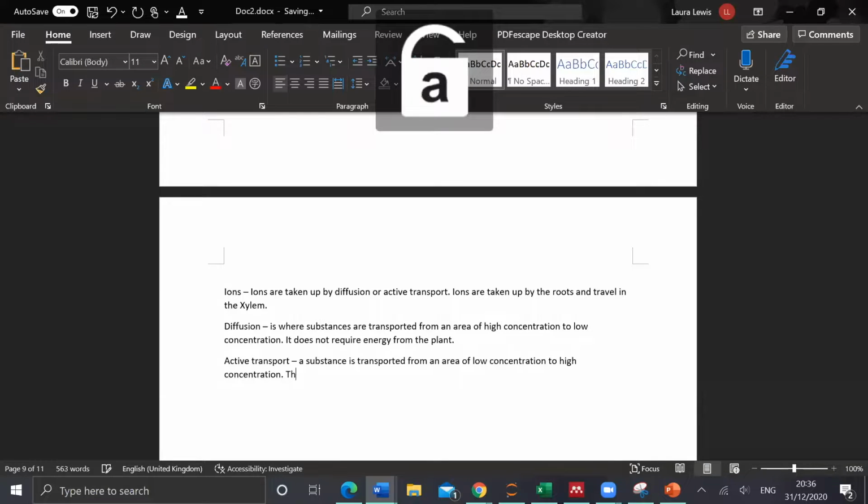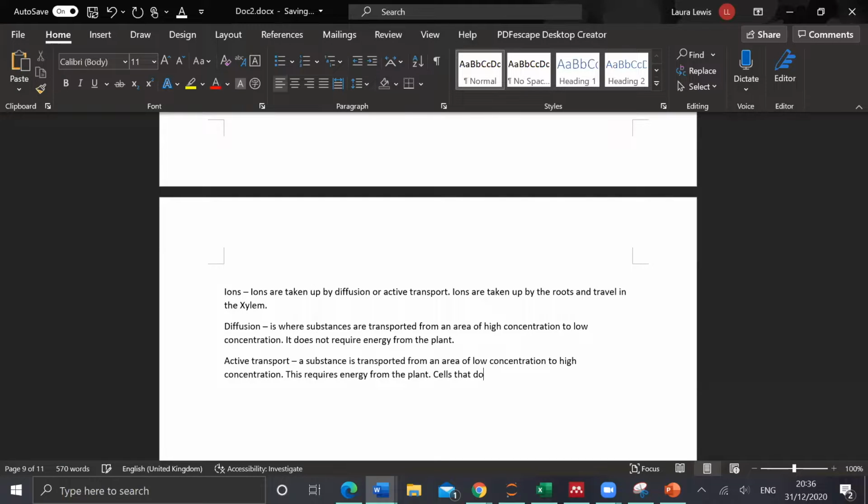So the cells that do this have lots of mitochondria in them, for example the root hair cells.